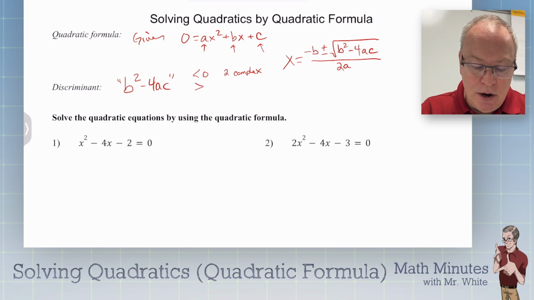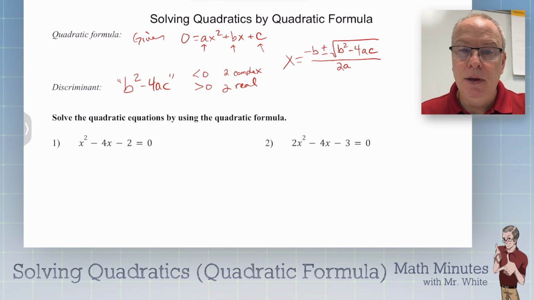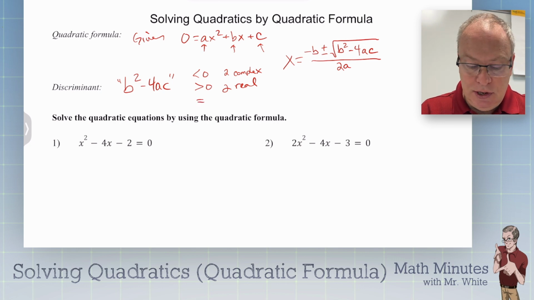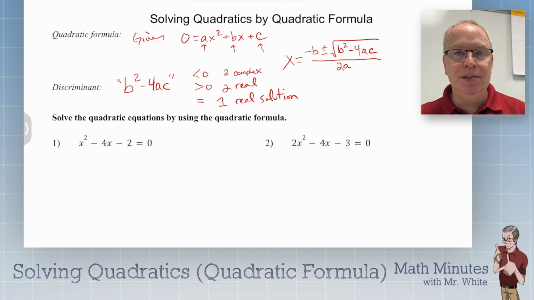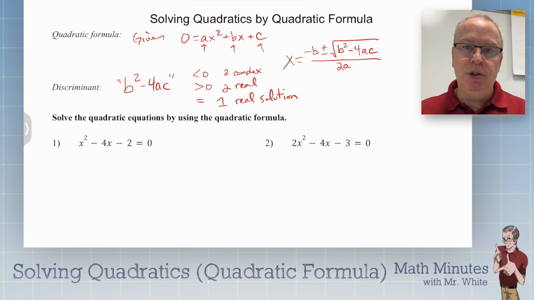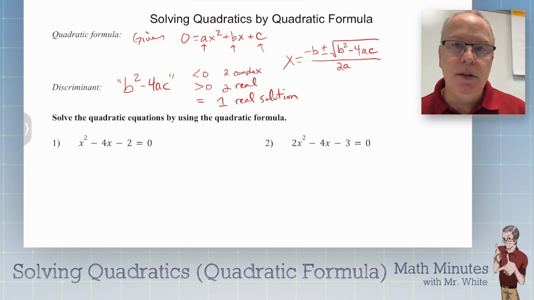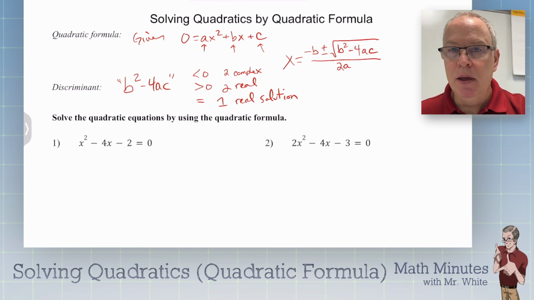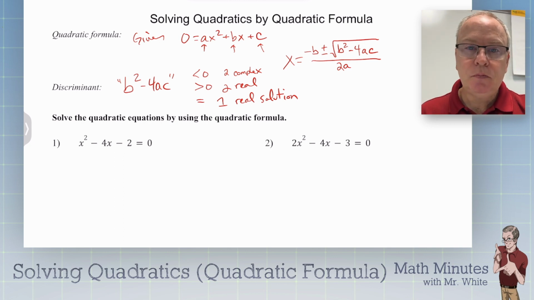If it's greater than 0, we get 2 real solutions. And if it's equal to 0, we get 1 real solution. So it's often on tests and quizzes, how many solutions will you get. You can just look at the b squared minus 4ac part. Just look at the discriminant.